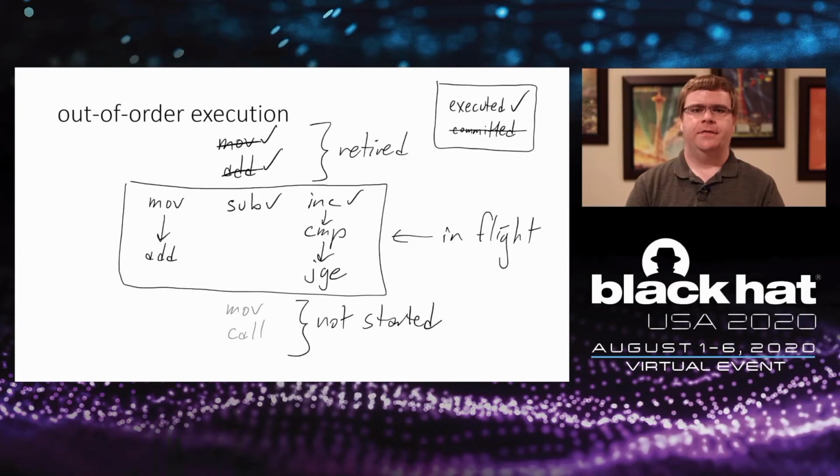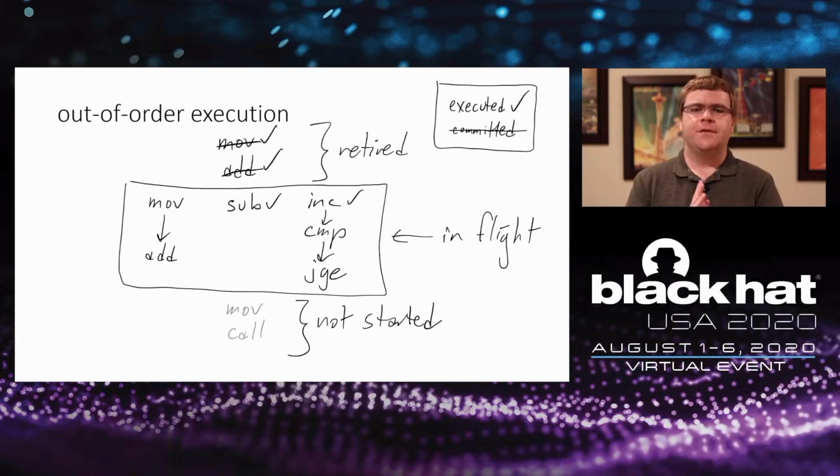To hide that slowness, the CPU reads ahead and puts a lot of upcoming instructions into a reorder buffer. The CPU figures out the dependencies between these in-flight instructions and schedules them to run as soon as their inputs are ready. Instructions that have finished executing will retire one by one in program order, committing their changes back to the architectural state. This works, and it makes things faster.